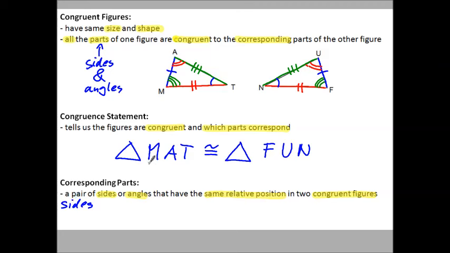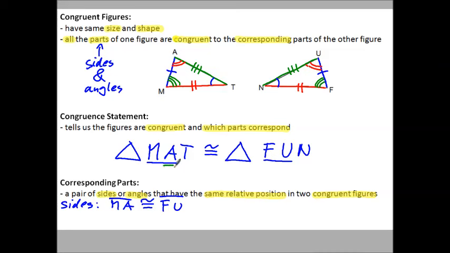So the side MA, which is our shortest side of this triangle here on the left, is corresponding and congruent to the side FU. So we can write segment MA is congruent to segment FU.